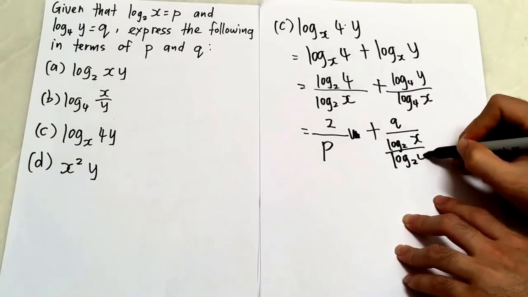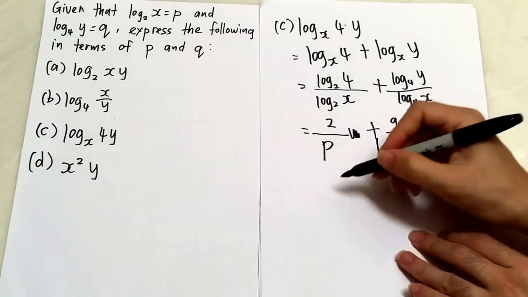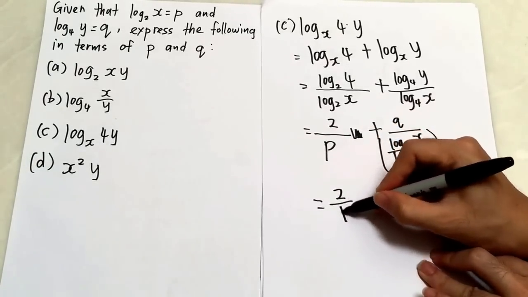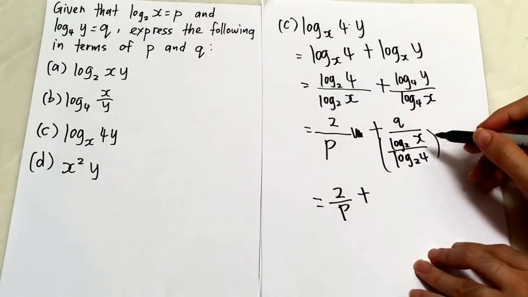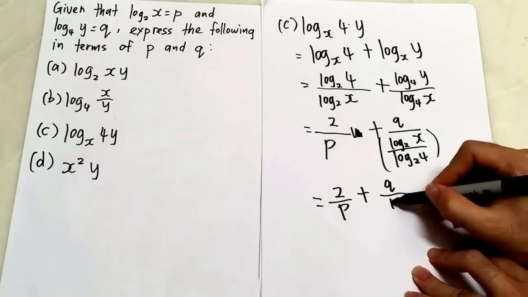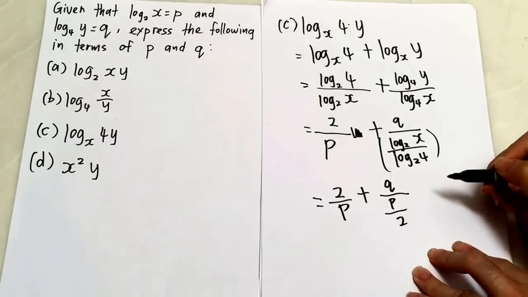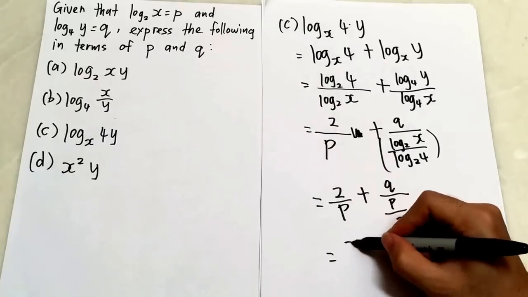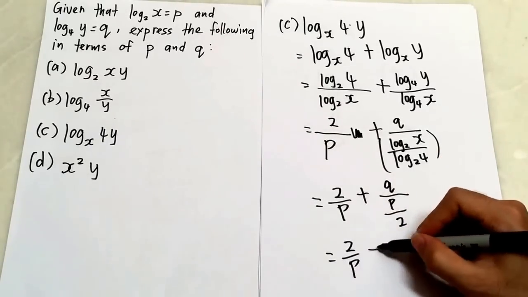And this is x, this is 4. Alright, then this is 2 over p plus. This one is q over log base 2 of x, it will be p, and this one will be 2. Alright, so this one is 2 over p plus.